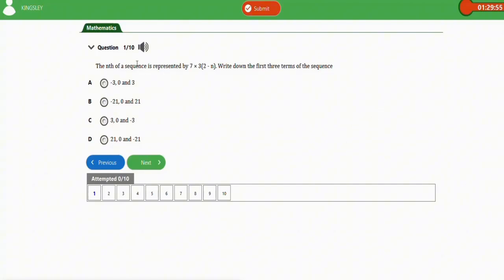It says the nth term of a sequence is represented by this. Write down the first 3 terms of the sequence. Alright guys, this question is actually very simple.